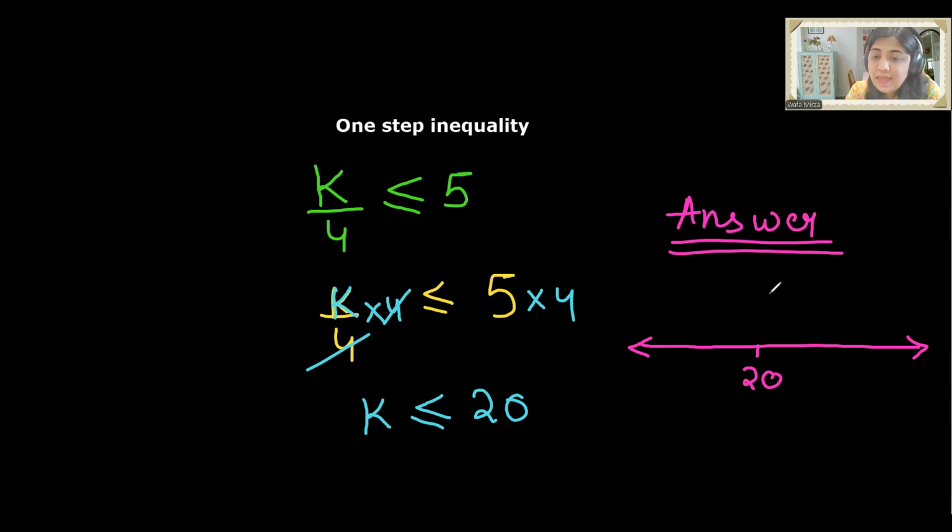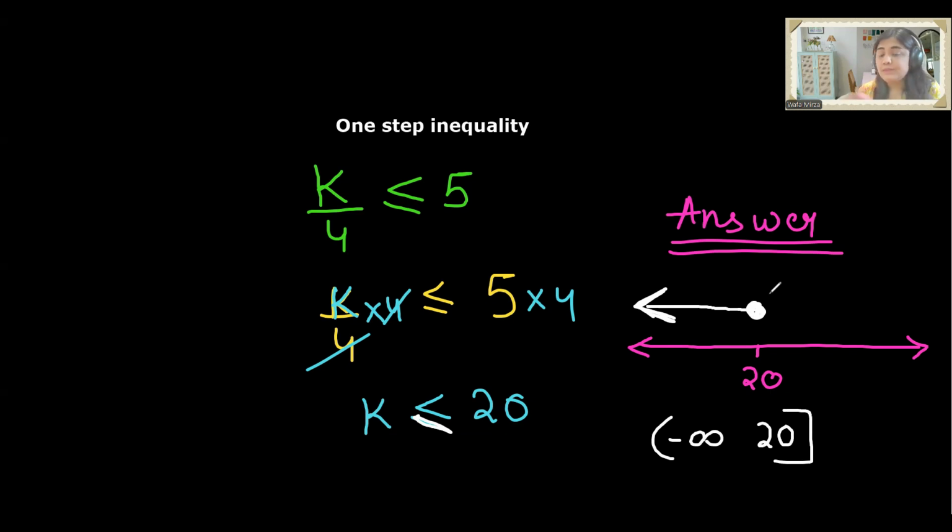Less than 20 means I have to move towards the left side up to negative infinity. And k is also equal to 20. So since k is equal to 20, I will use a dark circle. Right? My answer is starting from negative infinity. So I will start my answer from negative infinity and it is going up to 20. 20 is included in the answer. You will use a square bracket.